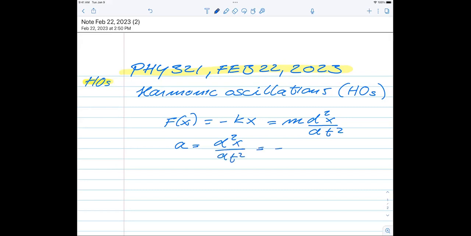And this is given by the constant k divided by m multiplied with x. Now, this constant k divided by m, it's common to rewrite in terms of a new constant. And this new constant is actually quite interesting because it's going to define a natural frequency of the system. So let's see the details behind that.